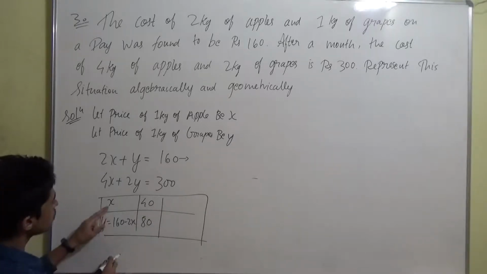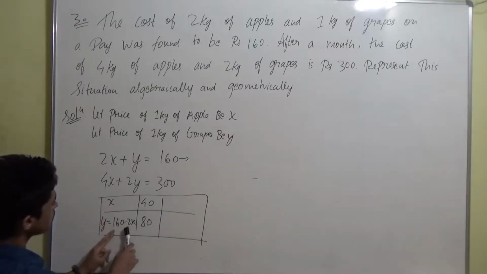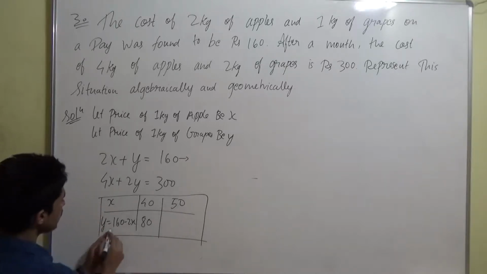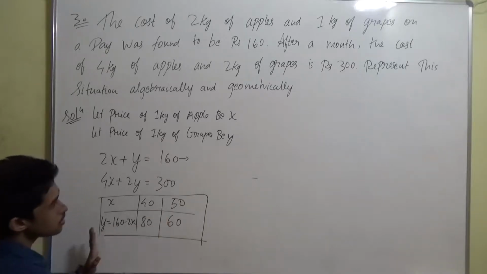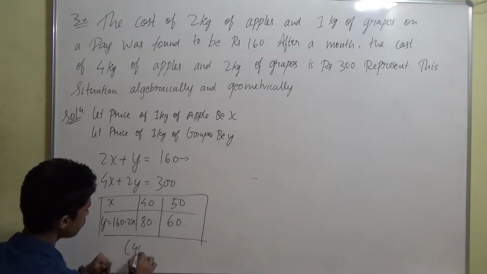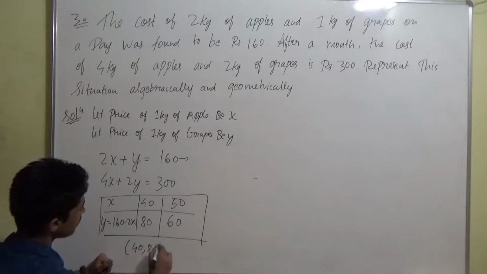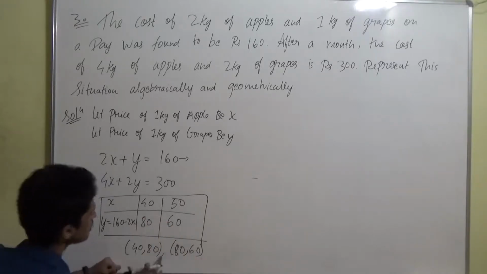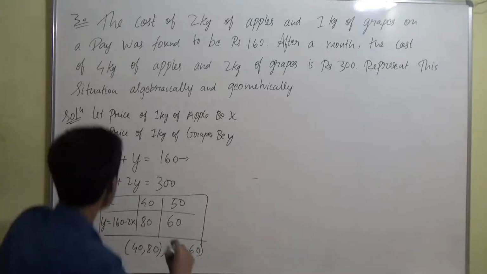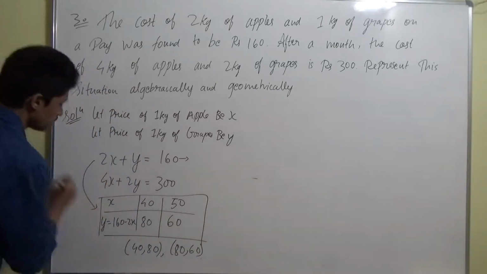Now if you take the value of X as 50, Y will become 160 minus 2 into 50, that is 100. 160 minus 100 becomes 60. So these are the two coordinates which we got, guys: 40, 80 and 80, 60. These are the two coordinates for the first equation.